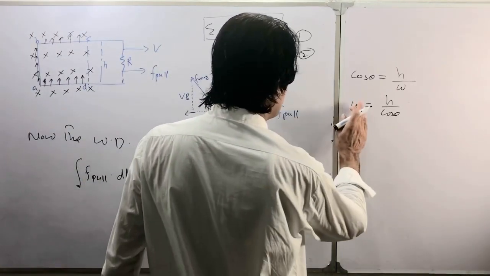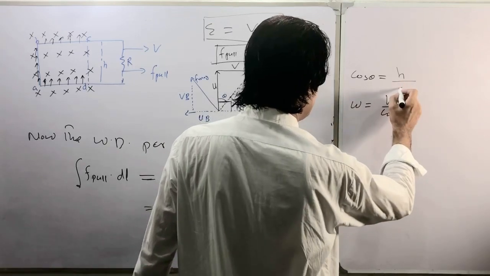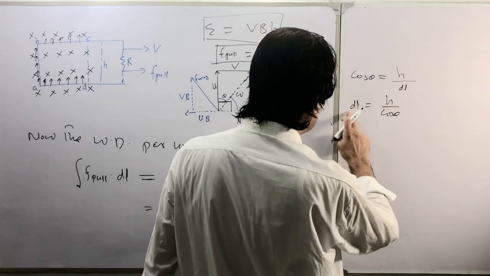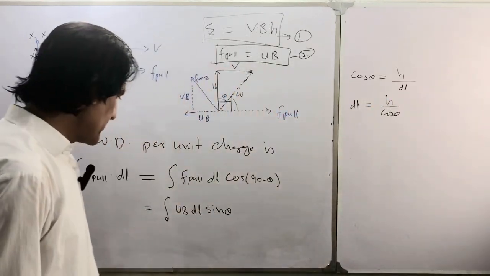And let's suppose this W is actually DL. So DL is h divided by cos theta.